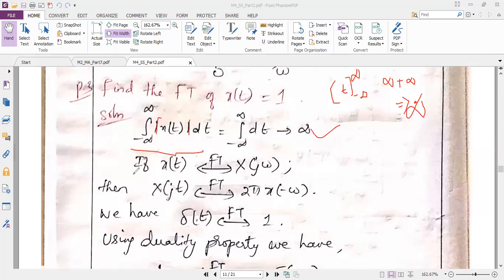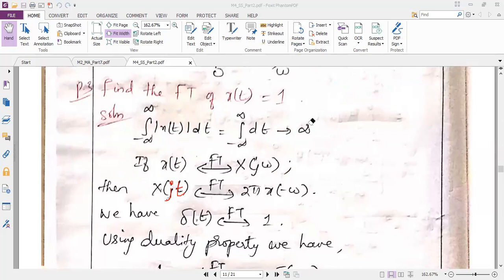So now, later on what you are doing is, you know the statement: if x of t has Fourier transform x of j omega, then for x of jt, you see the difference? The j term is multiplied with t. If you multiply the j term with t, then what is its Fourier transform? This is also like a formula, I have to remember it.